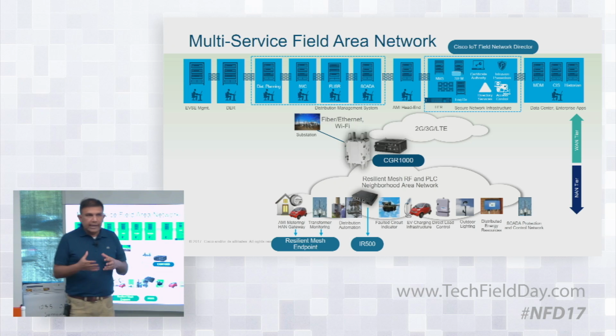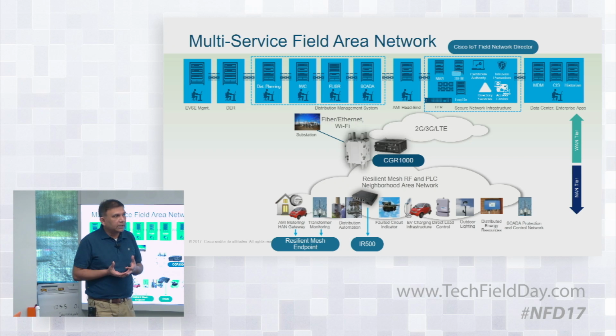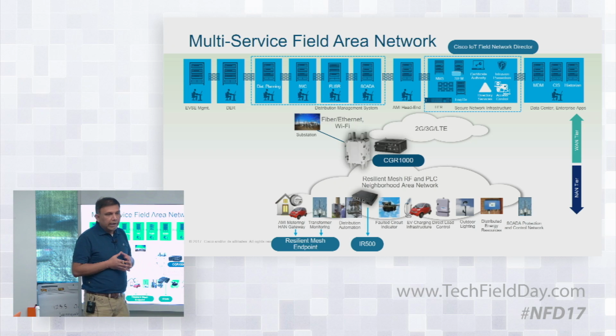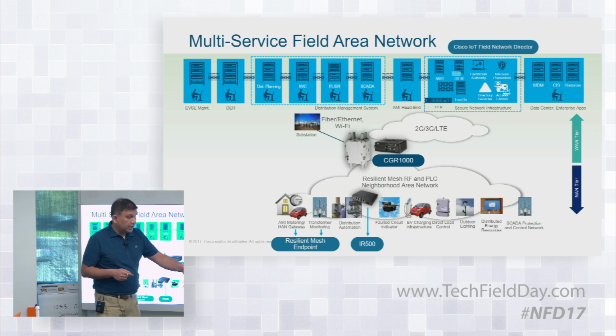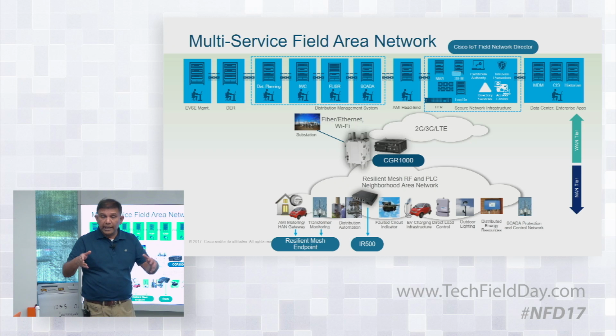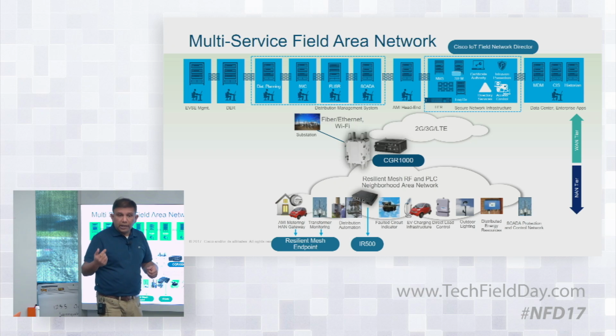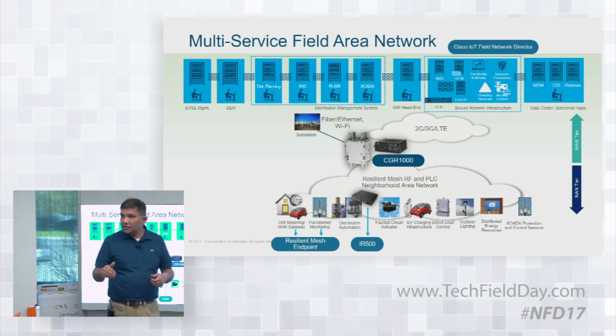It scales up to 10 million endpoints. It provides features like geofencing and zero-touch deployment, which is very important because you're working with OT personnel. Essentially you take the CGR, put it on a pole top, it discovers the head end by itself, and basically goes through a self-configuration step.